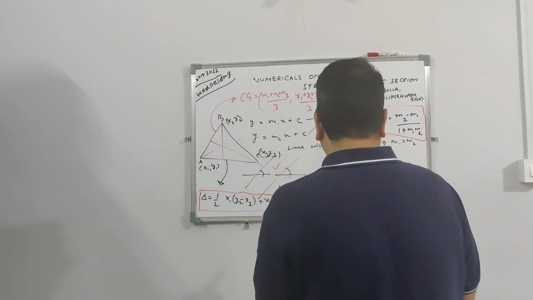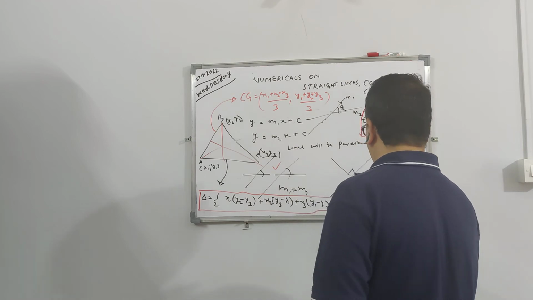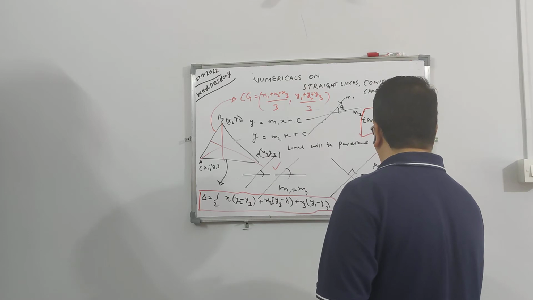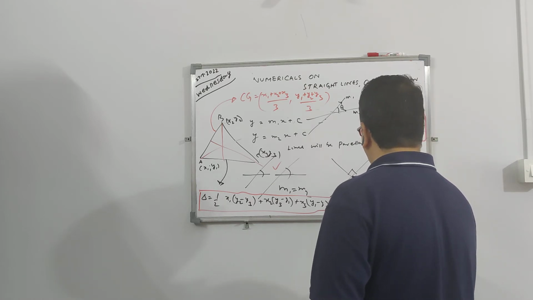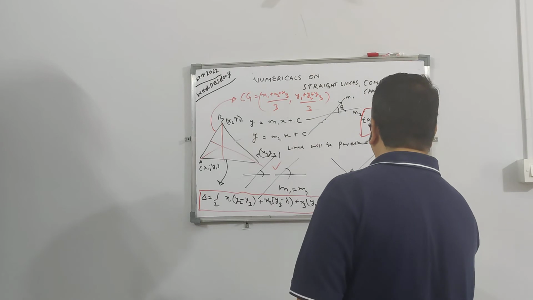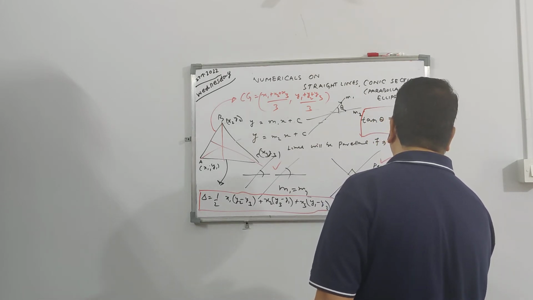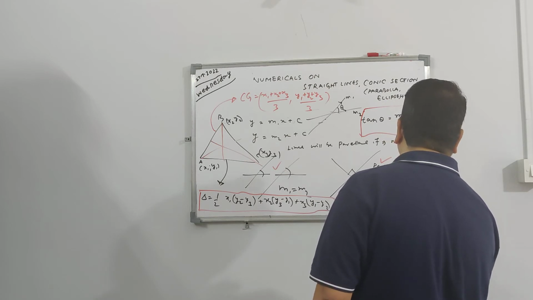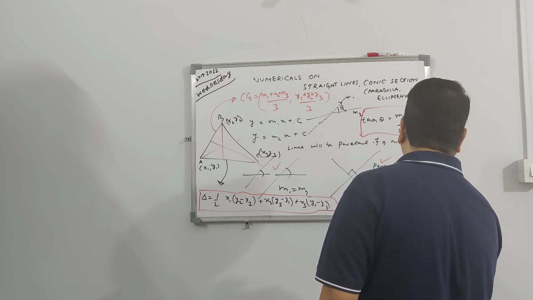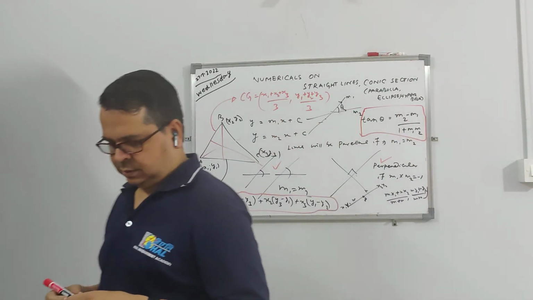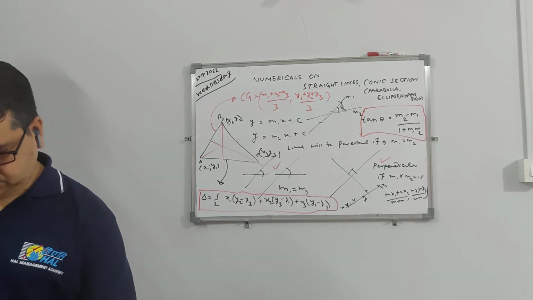If you have a line with points x1 y1 and x2 y2, and it is divided in the ratio m to n, the coordinate of point P is (m x2 plus n x1) divided by (m plus n), and similarly for y. If it is internal it is plus; if it is external, there will be a minus n.